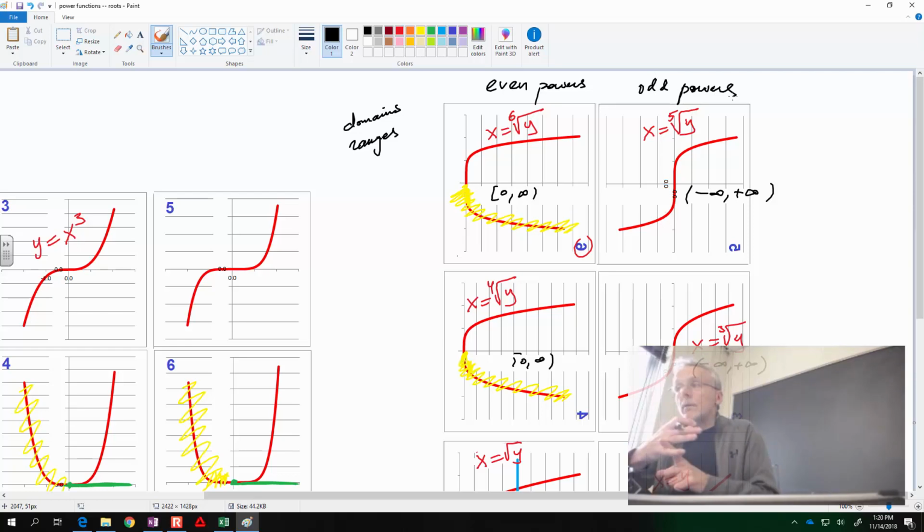So we have established a domain, so all of those, either half of the line including 0, or it is everything. Same with ranges. The next question is about the symmetry, and as you can see, everything is pretty much very clean and simple with the odd powers. Not only the odd powers, they also are odd functions. As you can see, the symmetry is still there, the center of symmetry is still there.